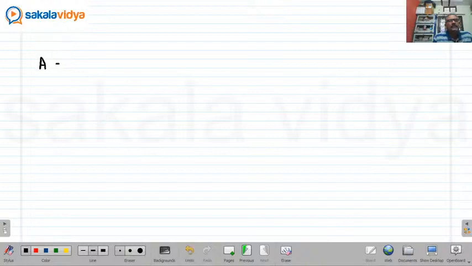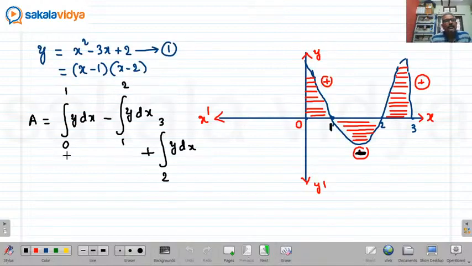This area is equal to, we can write integral, now you check it. See, 0 to 1, 1 to 2, 2 to 3.